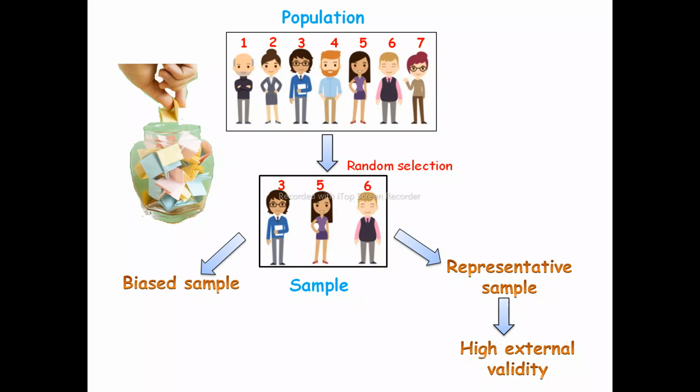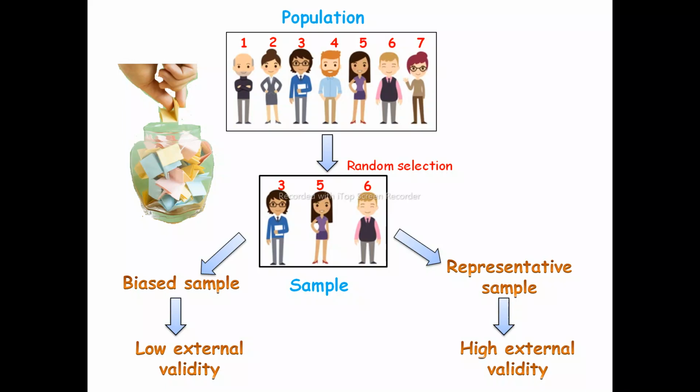Because of this, instead of having a high external validity, which is the key of a good study, this is going to result in a low external validity. In other words, we are not sure whether we can generalize our result to the population, and this is going to lead to errors.